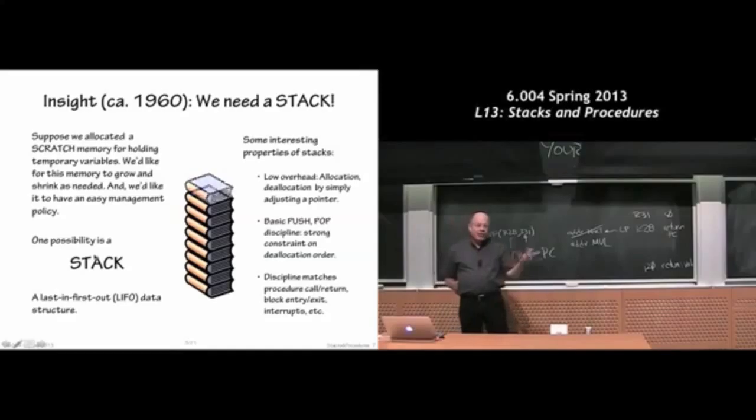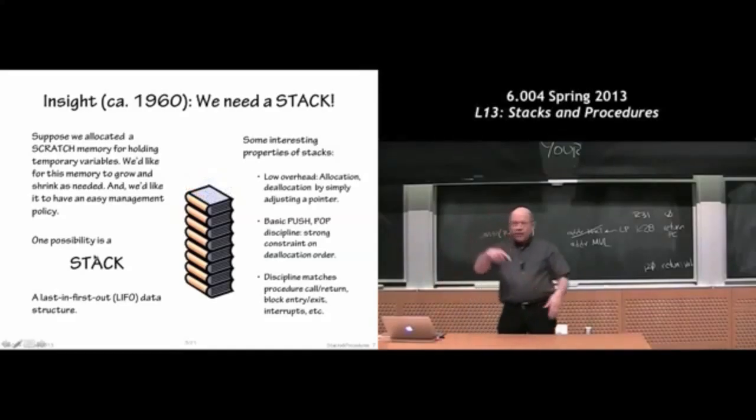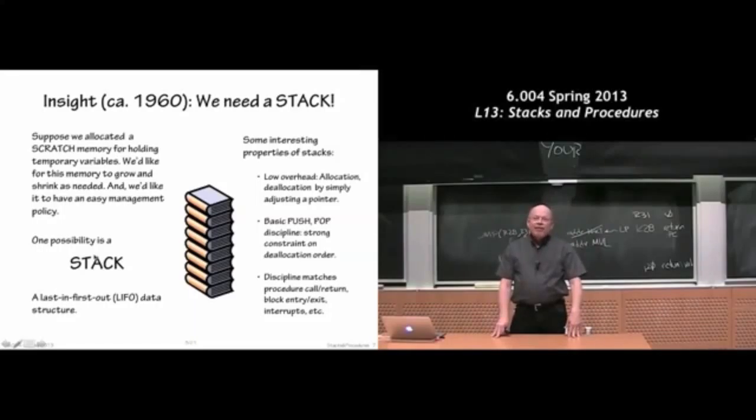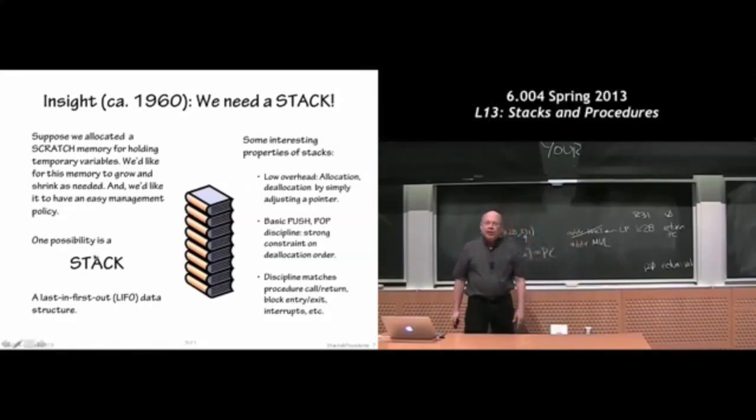So the stack is a data structure, and in fact, all of your laptops, every procedure that runs has its own stack, and all the languages which implement procedure calls have this notion of an activation record that's created for each procedure call, and it stores those activation records in a last in, first out data structure that we call the stack.